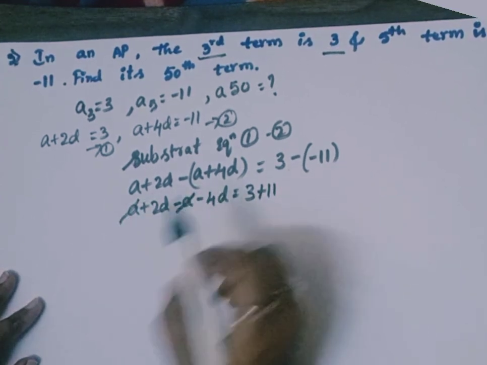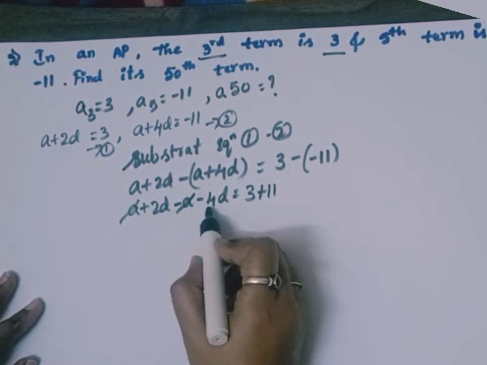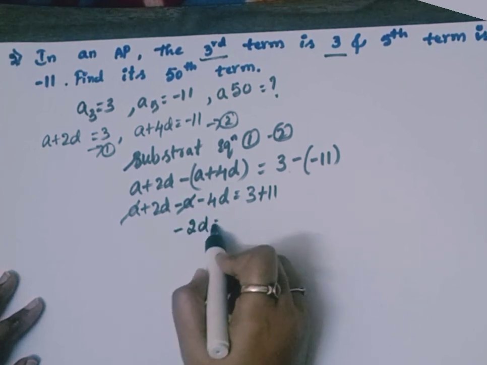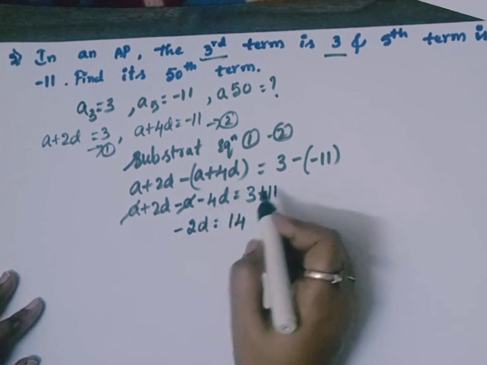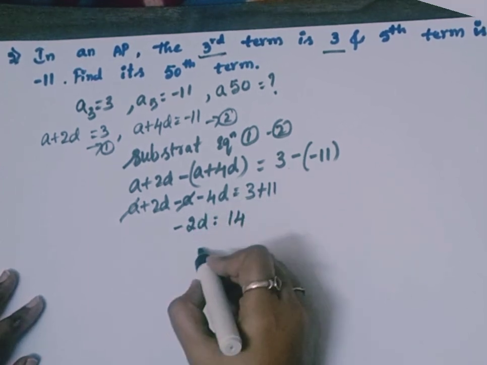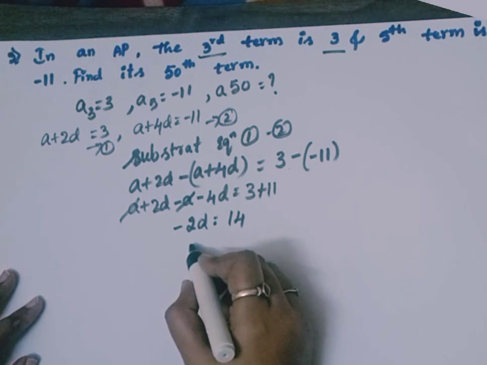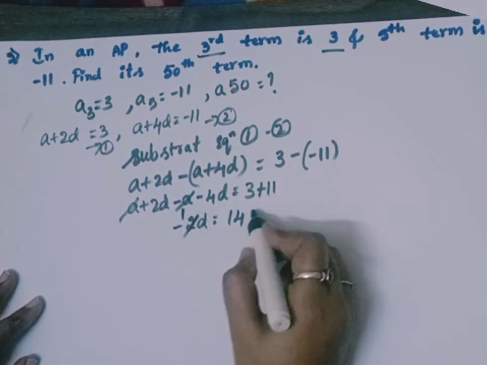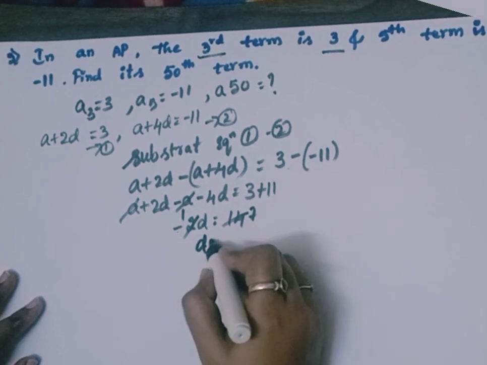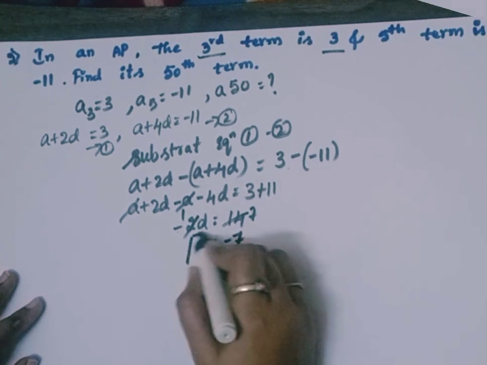Now a minus a cancels. You'll get 2d minus 4d, so minus 2d is equal to 14. Cancelling, 2 sevens are 14, and the minus sign moves to the other side, so d is equal to minus 7.